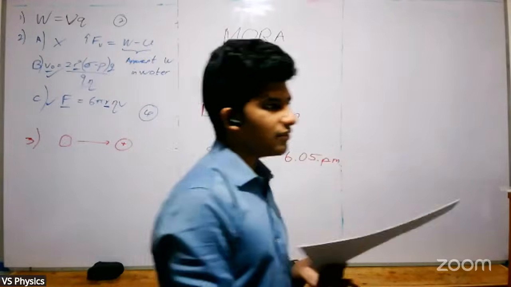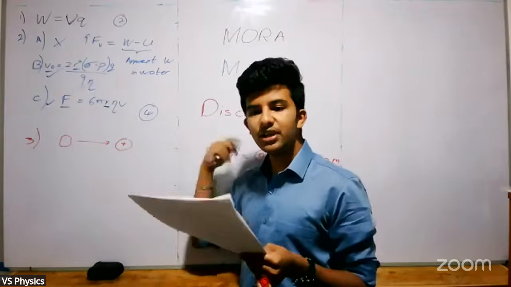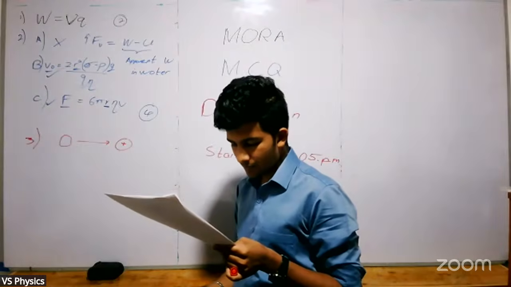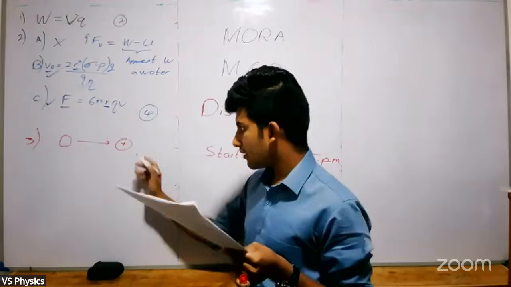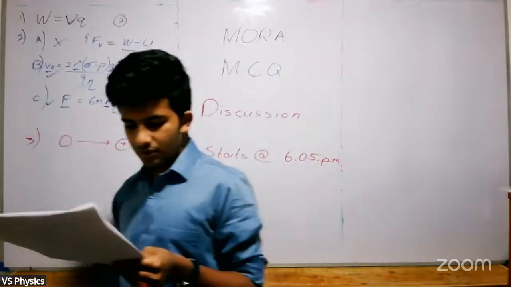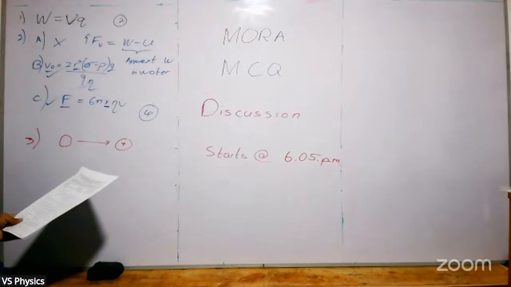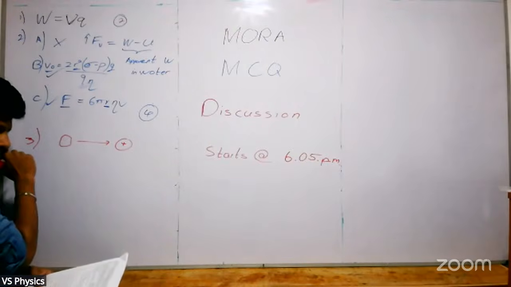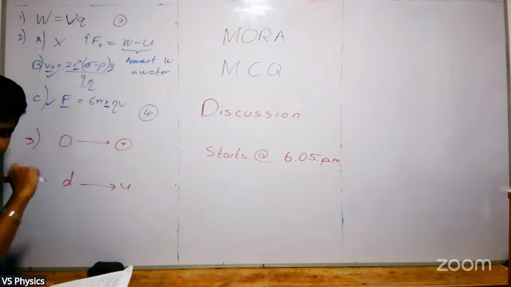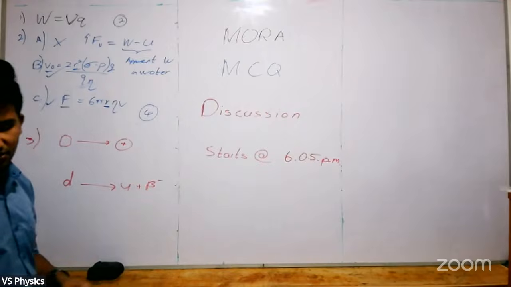So one quark in it has become positive. Down changes to up. The charge changes, and when the charge changes, a beta minus particle is released.